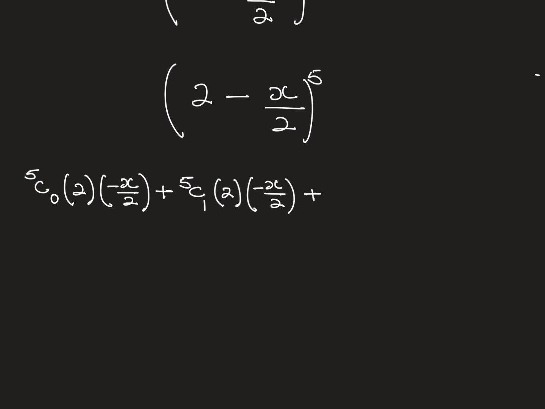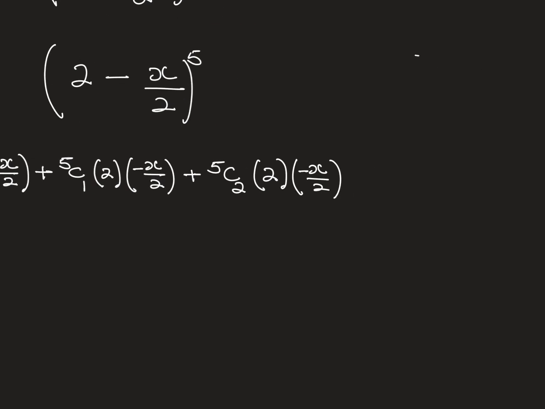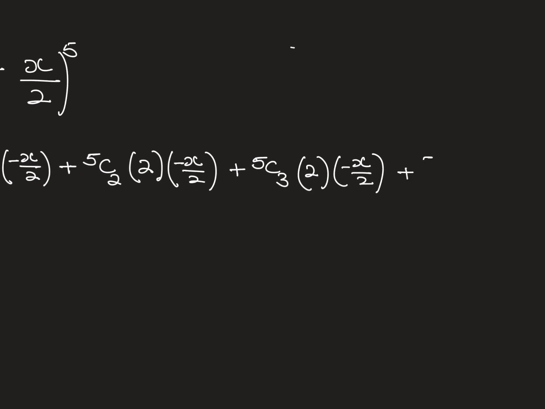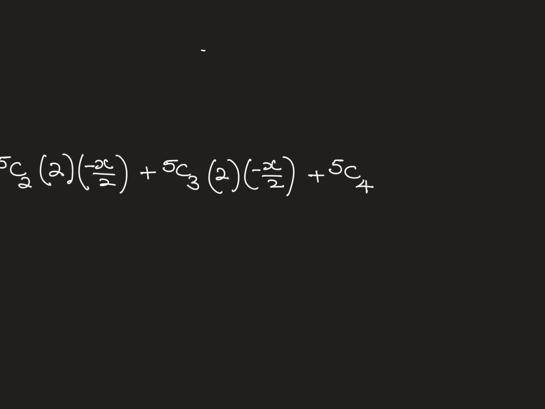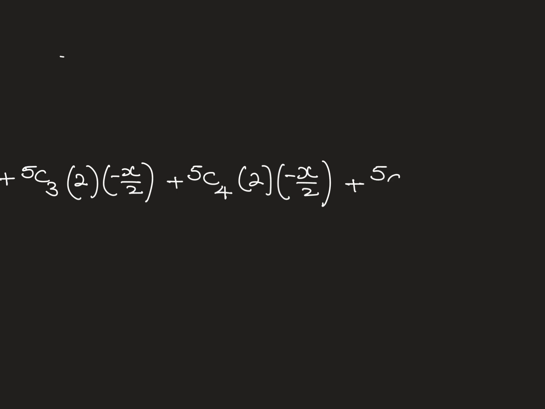Then plus 5 combination 2 into 2 into minus x over 2. Then plus 5 combination 3, then plus 5 combination 4, and finally 5 combination 5, each into 2 into minus x over 2.